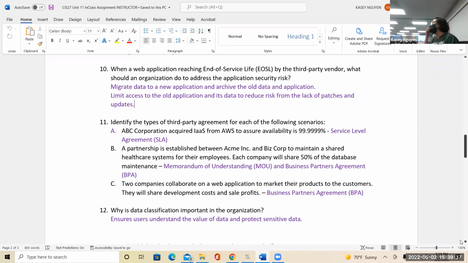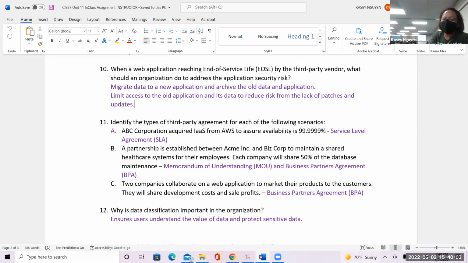And sometimes you would see this in partnership, and then sometimes to really avoid all of these things, they just do an acquisition. That means I'll just buy you out, right? Also to eliminate competition and things like that too. Okay, questions?